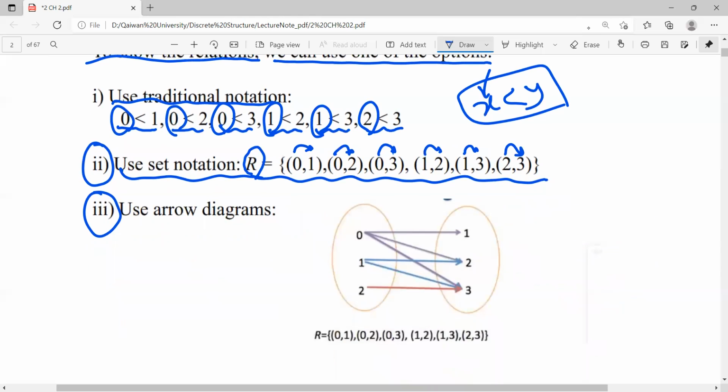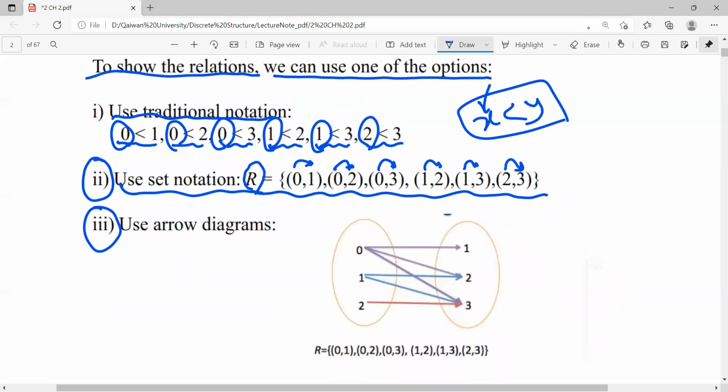And we also can express that relation by using this diagram. We say 0 is related to 1, 2, and 3. That means we have arrows which go from 0 to those 3 numbers, 1, 2, and 3. We have an arrow from 0 to 1, another from 0 to 2, and another from 0 to 3.